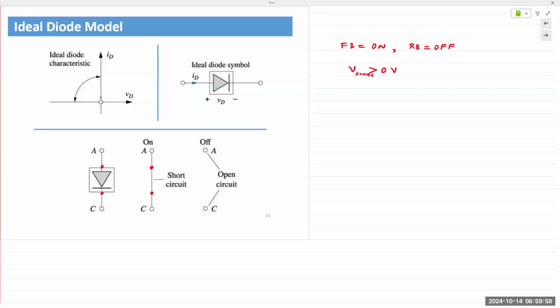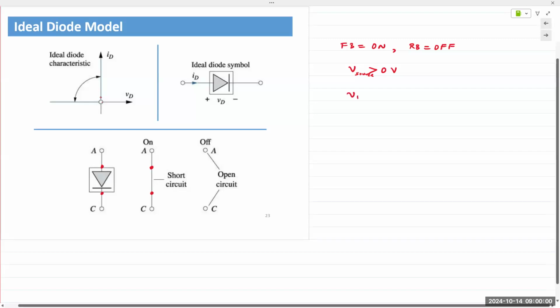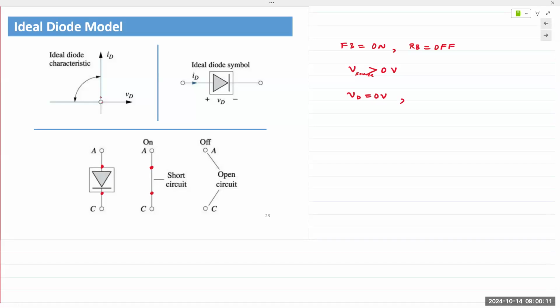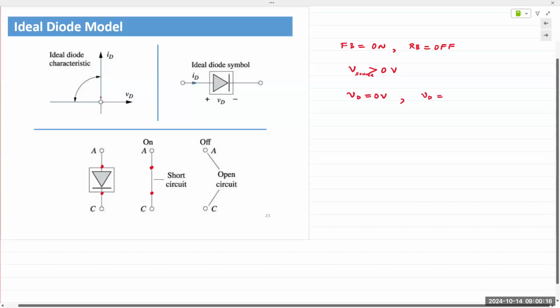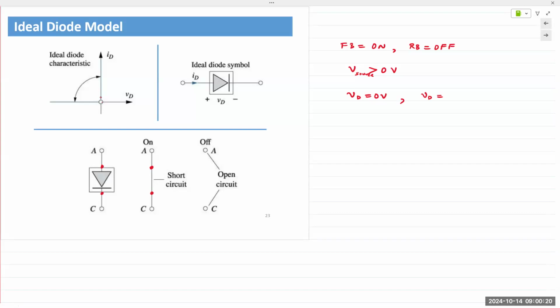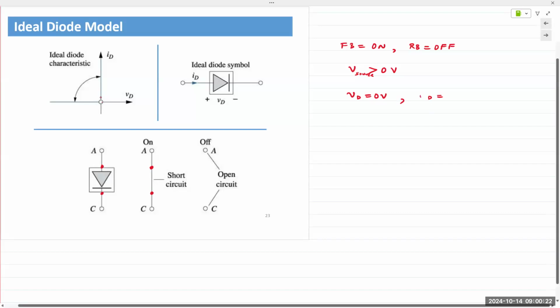The voltage is the same, so the voltage across that diode would be 0 volts. And ID would be, well, whatever the circuit condition is, so it's maximum. But when it's off, no connection. Because it's open, no current can flow, and so ID would be 0.